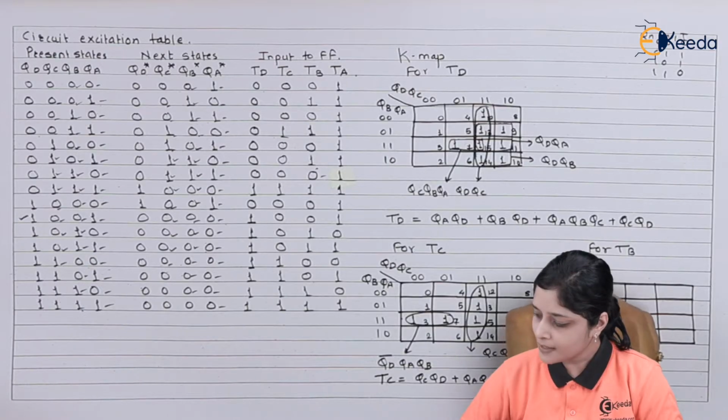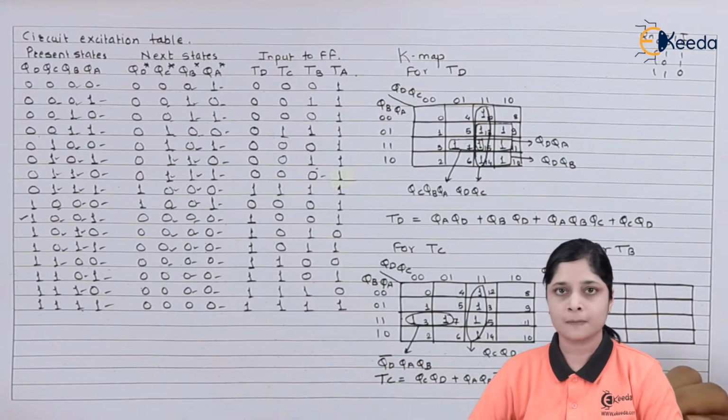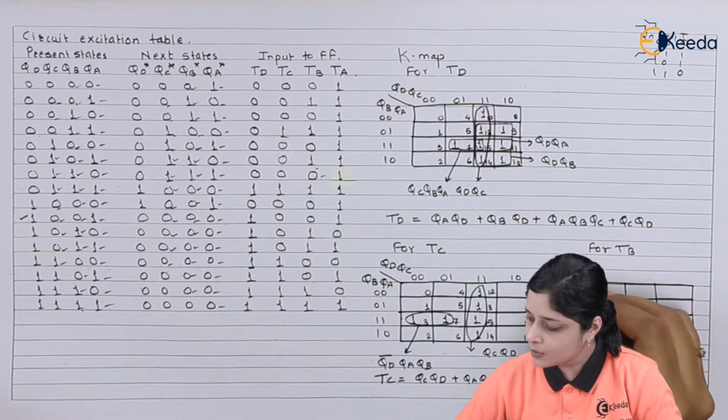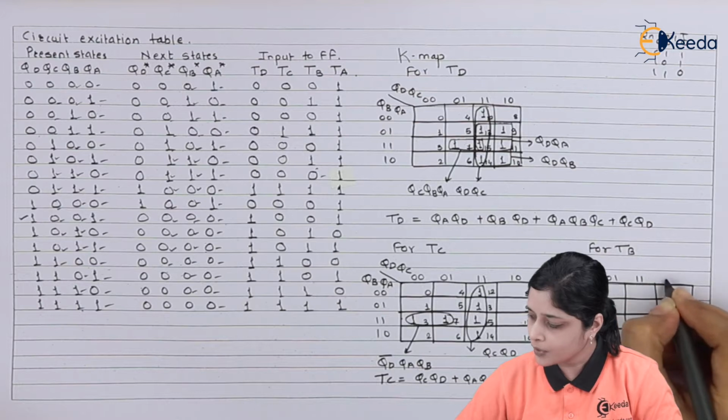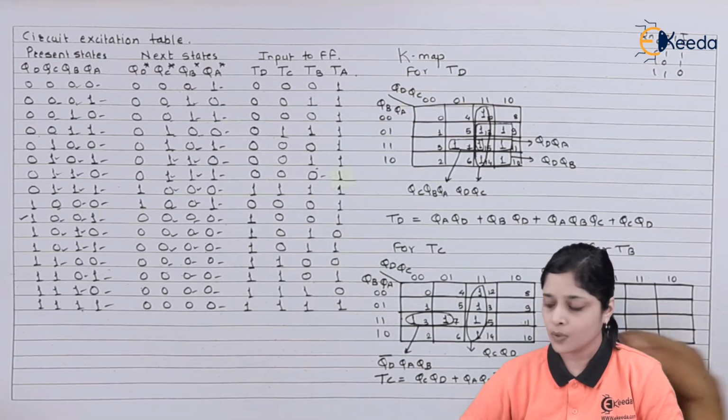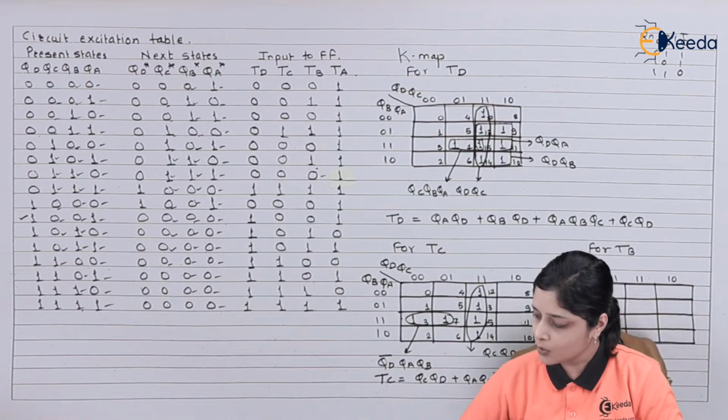Here 4 variables are what? QD, QC, QB and QA. We will write here 0 0 0 1 1 1 1 0. Here also 0 0 0 1 1 1 1 0.